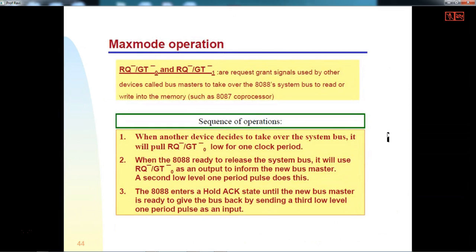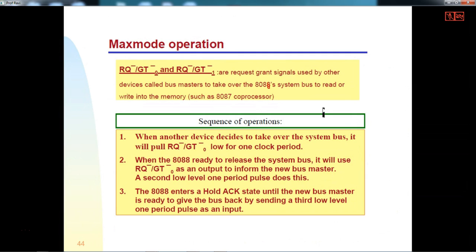So coming to the maximum mode of operation, we should be very careful with the pins which are available in maximum mode. The request grant signals are used by other devices called masters, such as coprocessors, to take over the system bus from the 8086 or 8088, to read and write into memory locations. This is the sequence of operation.